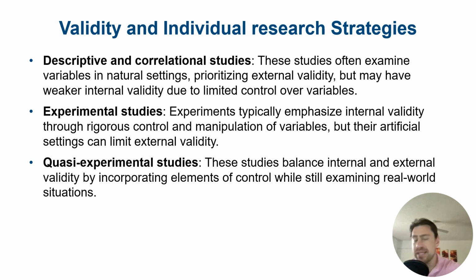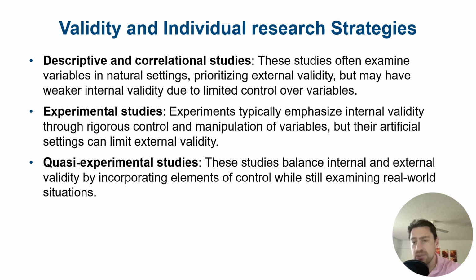On the other end of that spectrum, you find experimental studies, which typically have rigorous controls and manipulations designed to mitigate the impact of confounding variables and designed to demonstrate cause and effect relationships between variables.